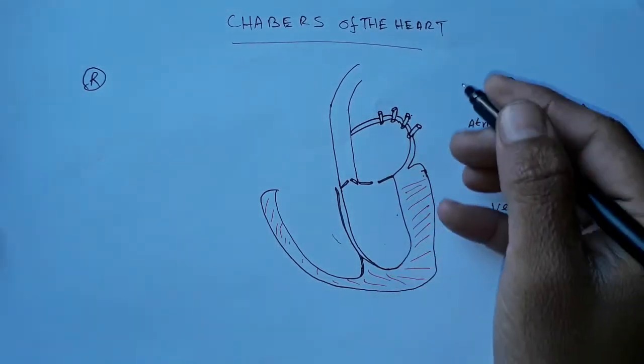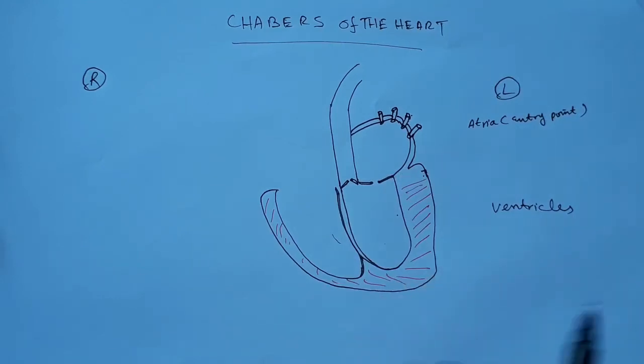So these are the 4 veins which are running into the left atria of the heart.